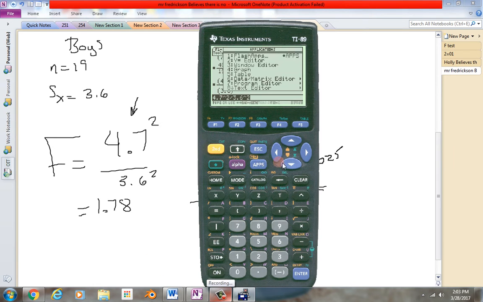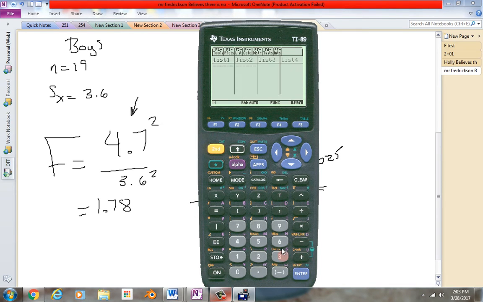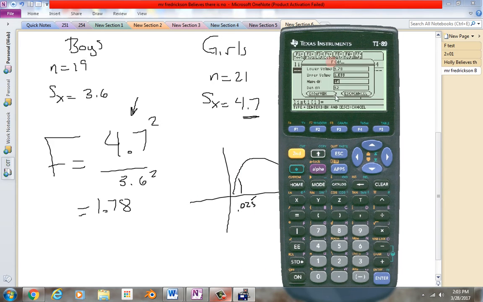Now the only tricky part to remember, and I mean literally the only tricky part, is that this is a two-tailed test. So when we get done here in a minute and we find our degrees of freedom, our seemingly p-value, we need to remember to multiply it by 2. So for the ladies, there were 20 degrees of freedom, because that's the numerator.